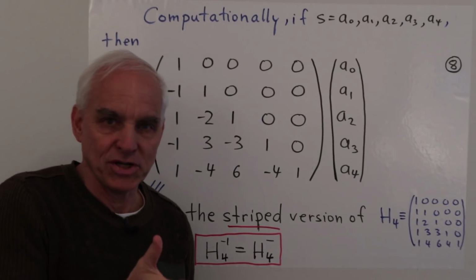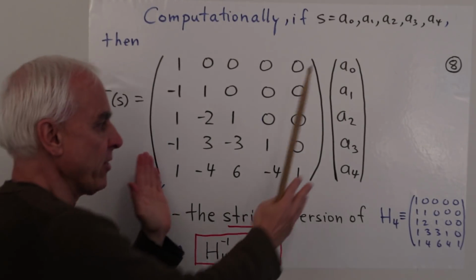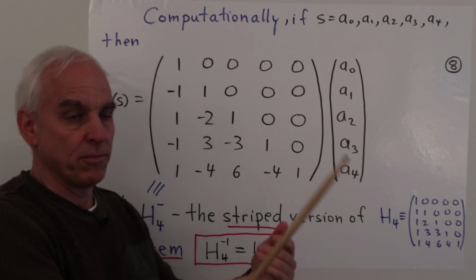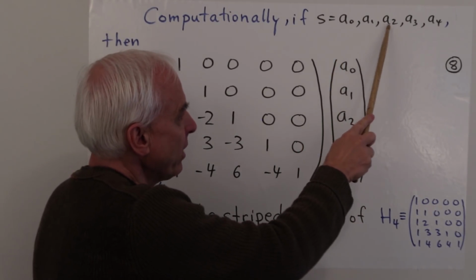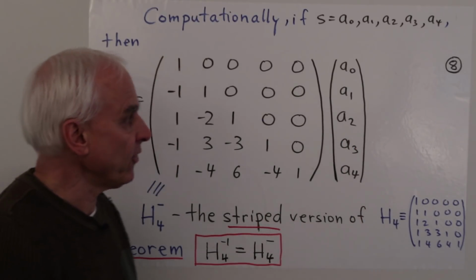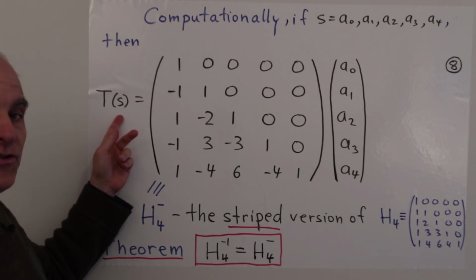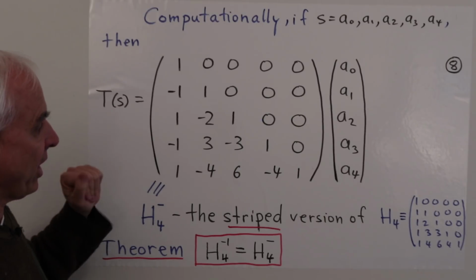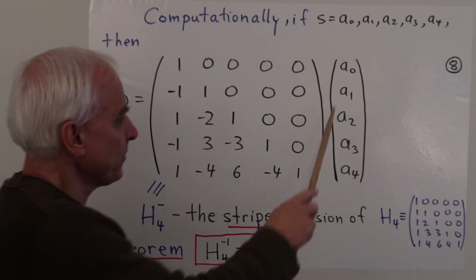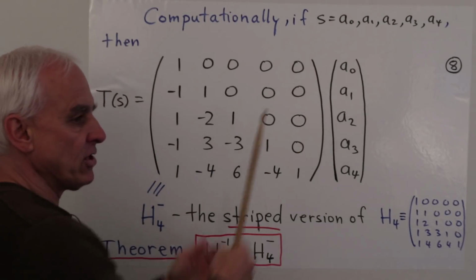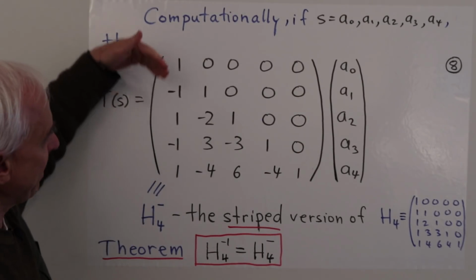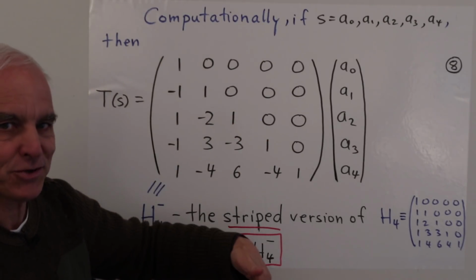Now we can summarize what we just did and put it into linear algebra terms, which makes it easier to compute, as follows. If we start with the sequence S, A0, A1, A2, A3, A4, a 5 sequence, then the difference transform T of S is obtained by taking the original sequence as a column vector and multiplying by this matrix. It's a matrix which is very familiar to us.